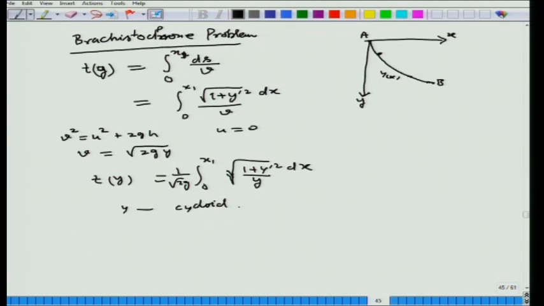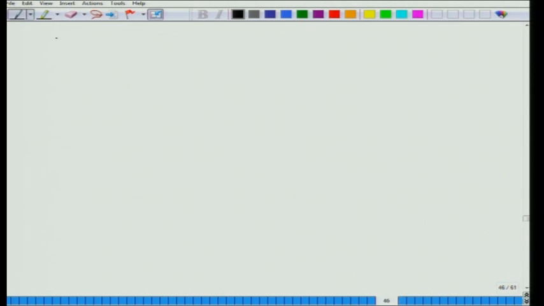The other one is the problem of geodesic. This is the generalization of this problem.